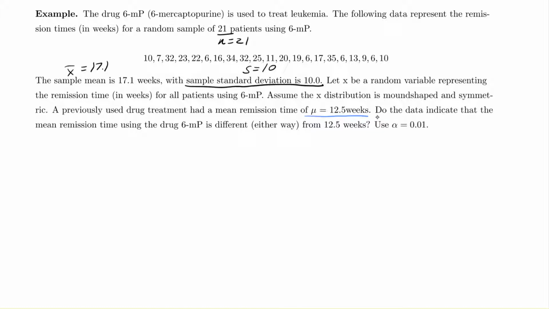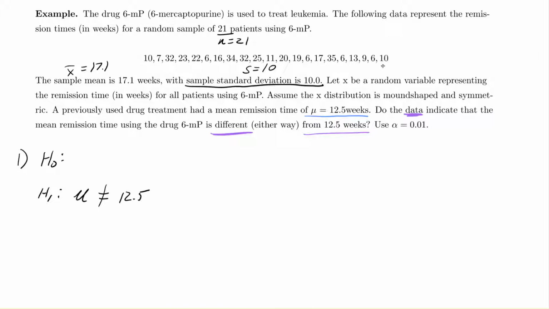Does this data, I'm talking about this sample data, indicate that the mean remission time using this drug is different, either way, less or more, from 12.5 weeks? So let's use alpha 0.01. So let's set up the hypothesis statements. What we're wondering is whether the mean remission time using the drug 6-MP is actually different from 12.5 weeks.